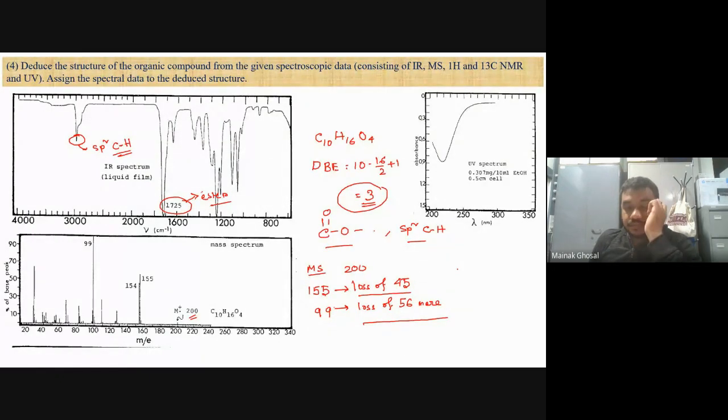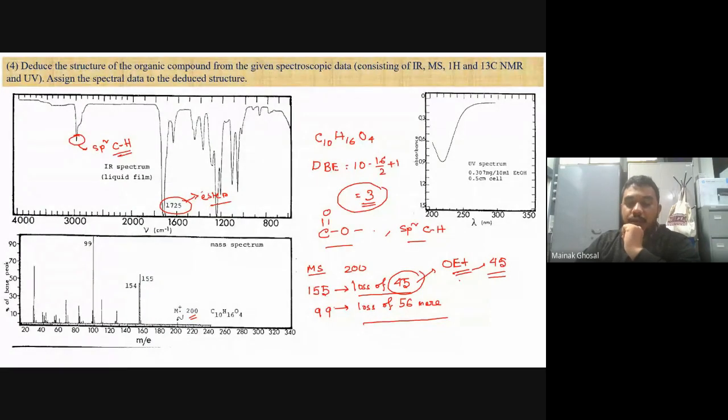Now what is possible is that you knew that if you lose an OEt group, you will lose 45 mass units. So there is a high chance, since you have proved some kind of ester, and also you have seen that the loss of 45 is happening in the mass spectrum, the first thing that comes to your mind is that there is a possibility of an OEt group.